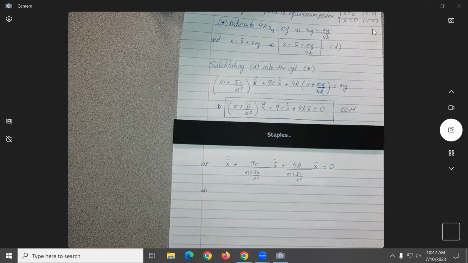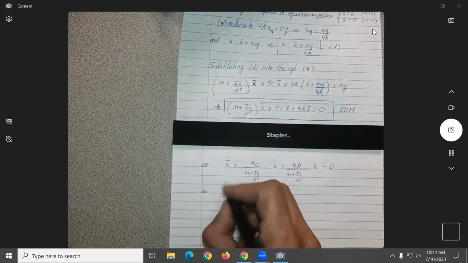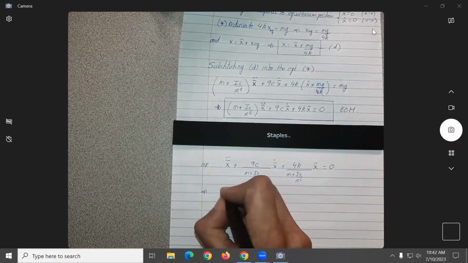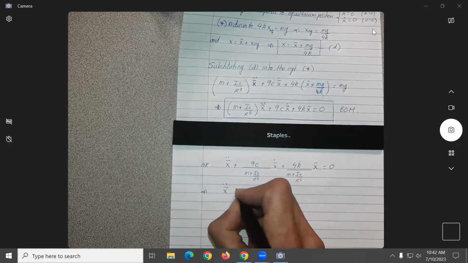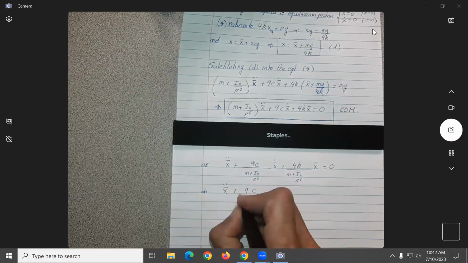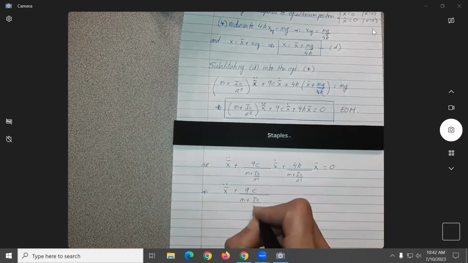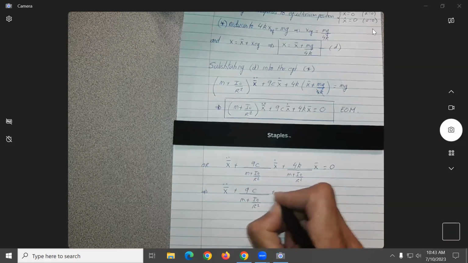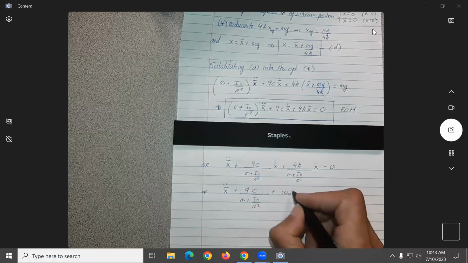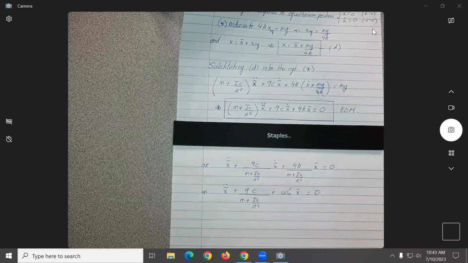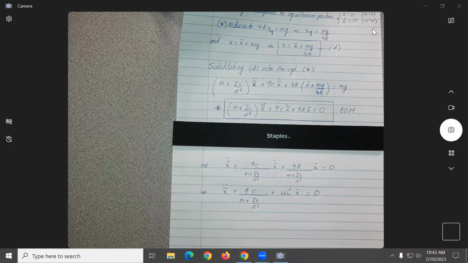Okay, so this would be x double dot plus 9c over m plus I sub naught squared plus... remember, this term is equal to what? Omega n squared. No, this is the term of the natural frequency.